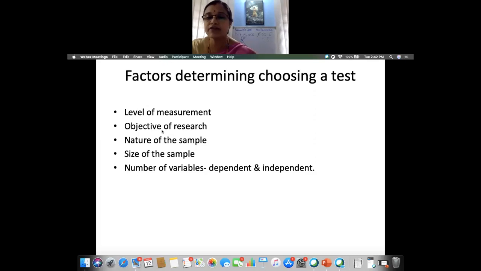Let us say, for example, I will take the same example: the role of human resource practices in employee well-being. This is my title. The role of HR practices is my construct. Employee well-being again is my construct.